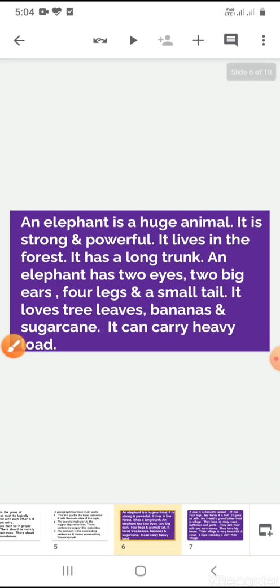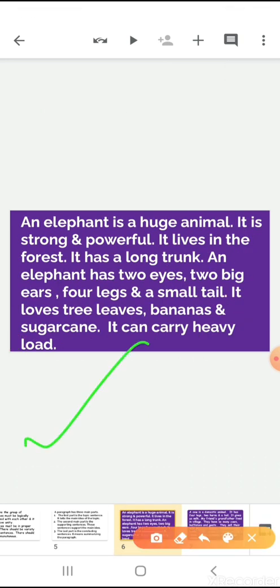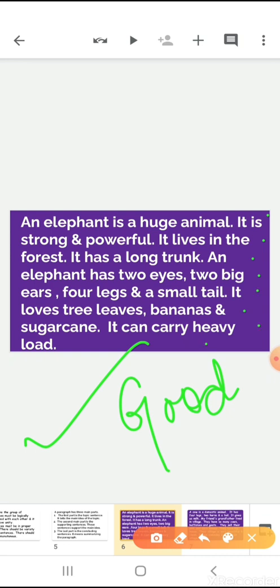But this paragraph is a good paragraph. Why? Because each and every line written here is logically connected with each other, and also shows supporting sentences to the main idea, right?